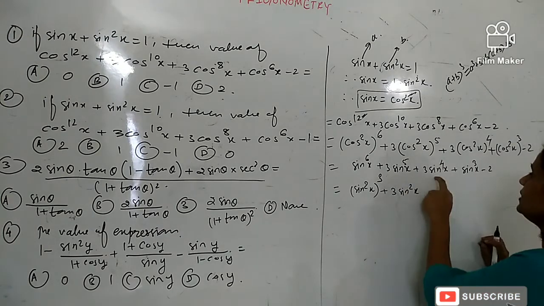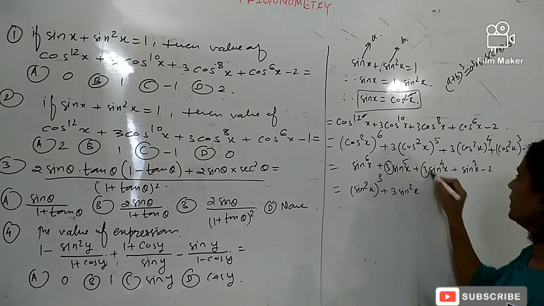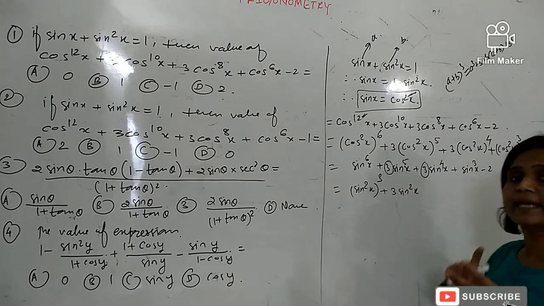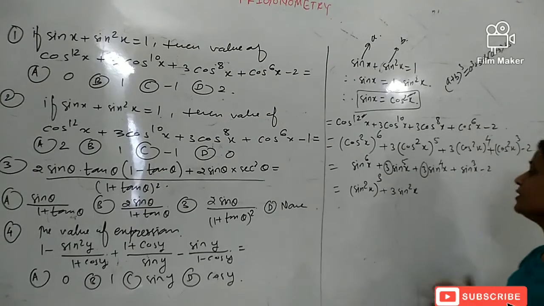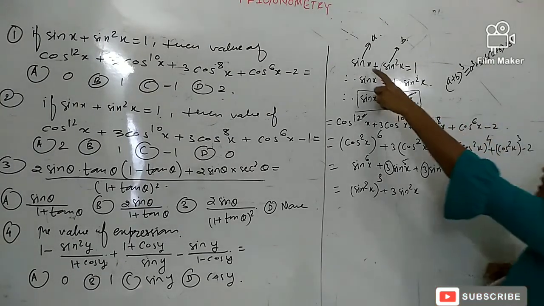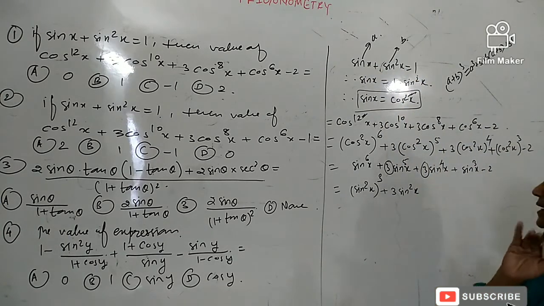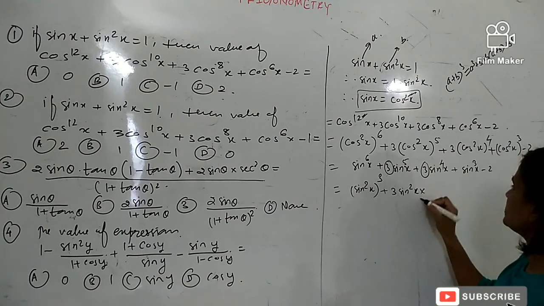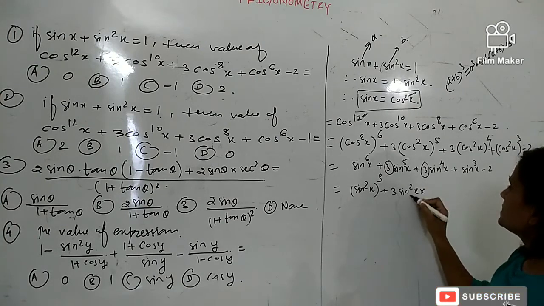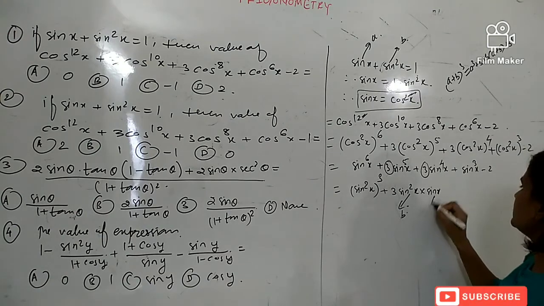So just take sin cube x common from this. 3 is common, and again I am taking sin cube x common. Why sin cube x? Because I want 3ab, and the a value is sin x and the b value is sin square x, so both product is sin cube x. I am writing separately here: sin square x is my b value and sin x is my a value.